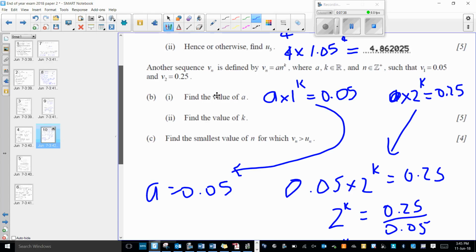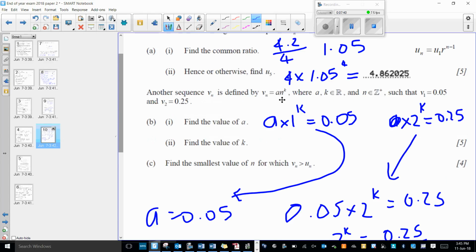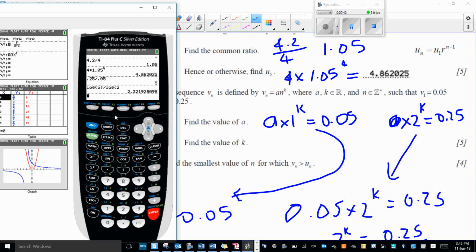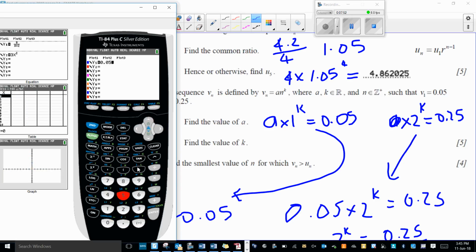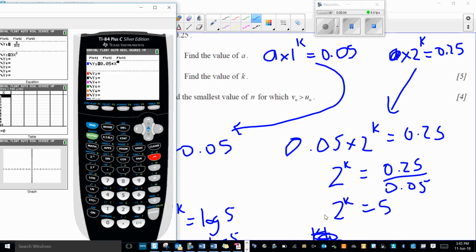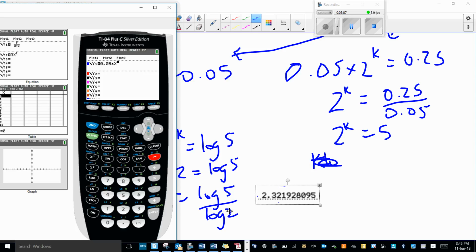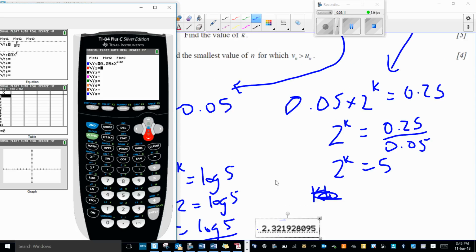So V is this one, so if I do that one first, that is 0.05 multiplied by n, which is our unknown, to the power of 2.32. So that's one function.